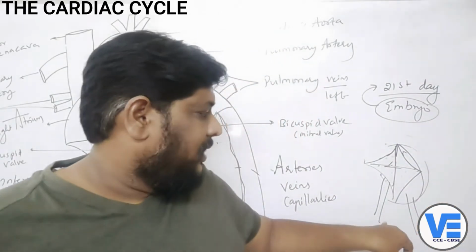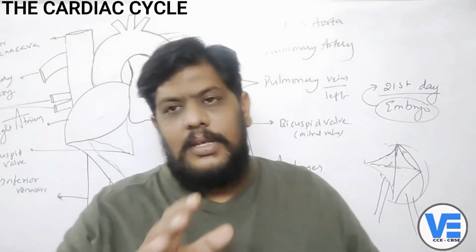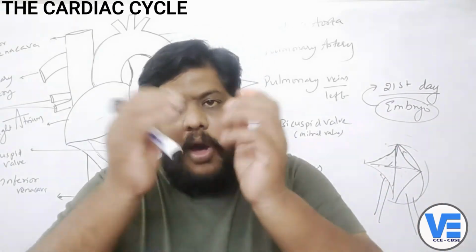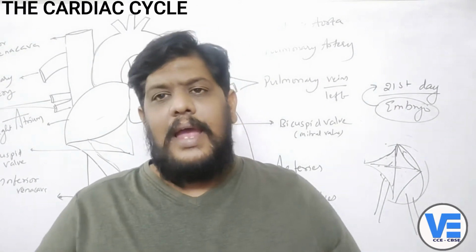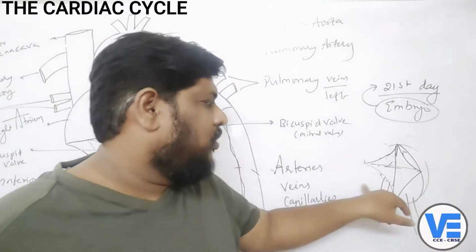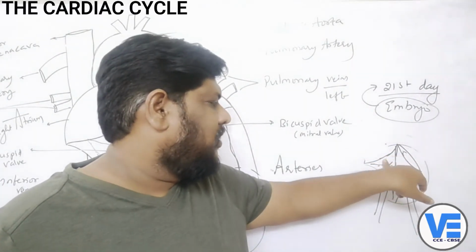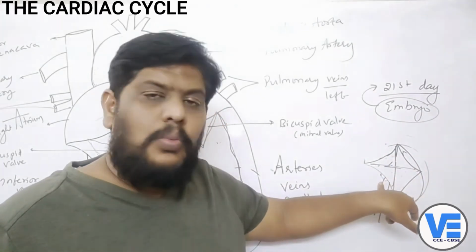So contraction is a common feature of the auricles and ventricles. Now all 4 chambers also have to relax, because if the ventricles don't relax, the atrium cannot send the blood into the ventricles.